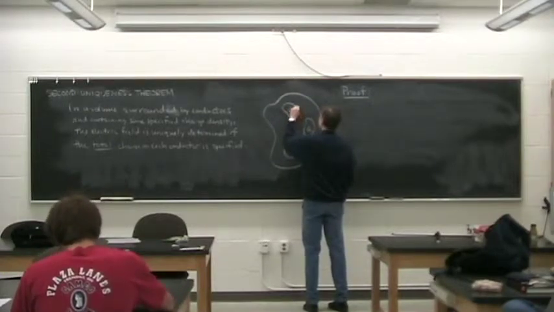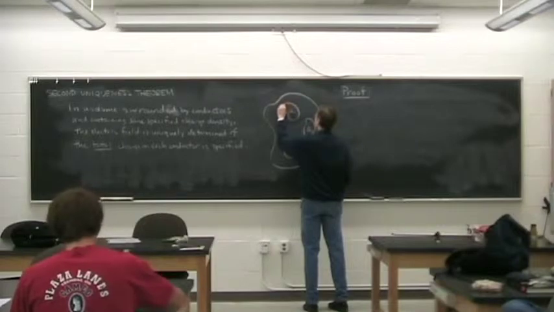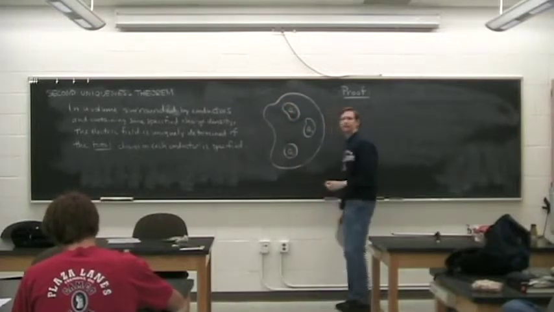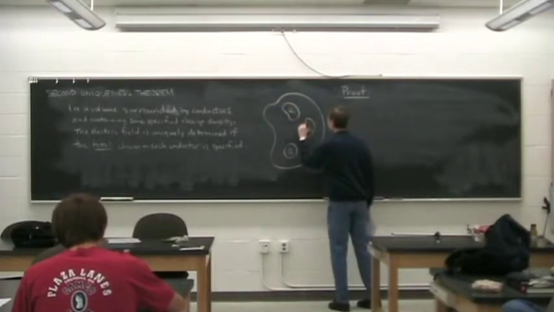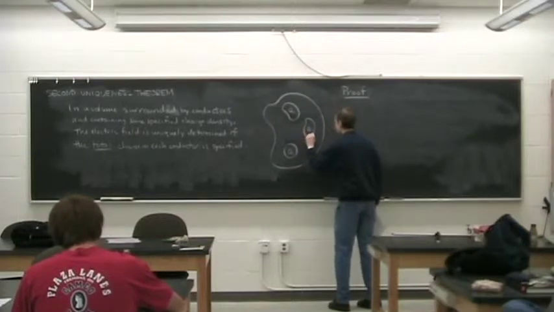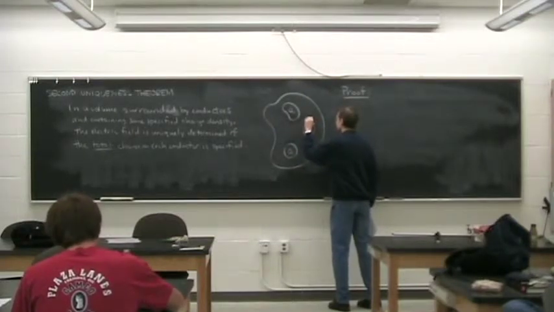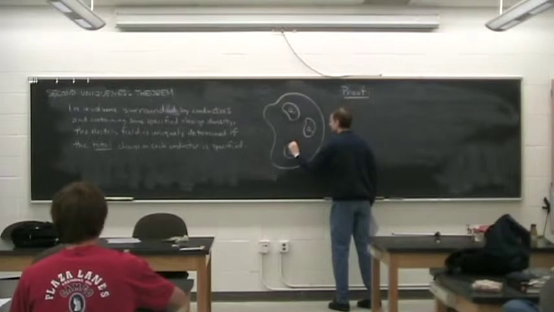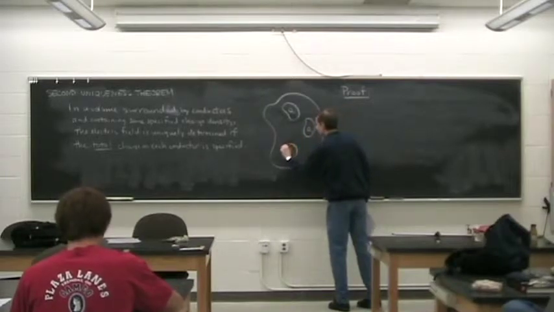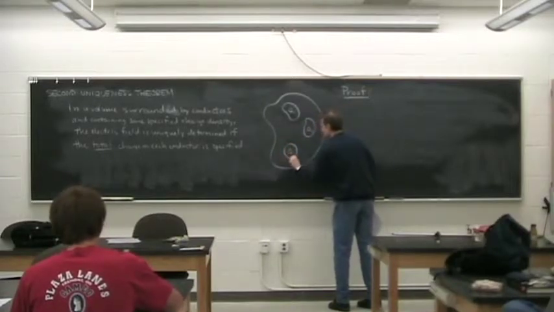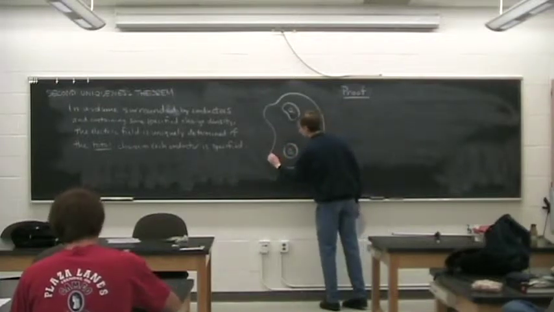Our Gaussian surfaces are going to hug our conductors just outside of them. So, little dashed lines represent our huggy little Gaussian surfaces that virtually coincide with the surfaces of the conductors themselves. They're epsilon away, where epsilon is as small as you like.